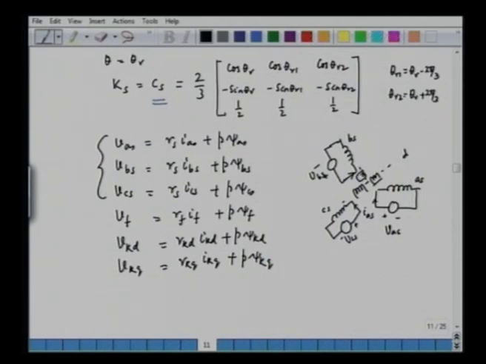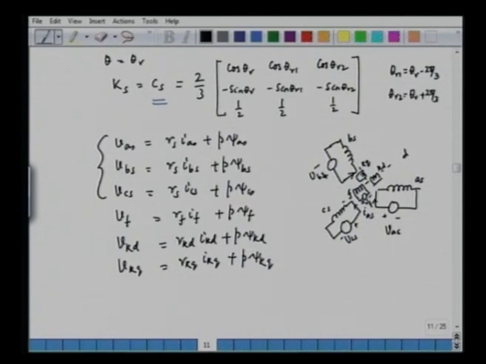So, this is KD, the D axis damper winding, and this is KQ, the Q axis damper winding, and this is the field winding. The field winding is applied with a DC voltage, that is Vf.